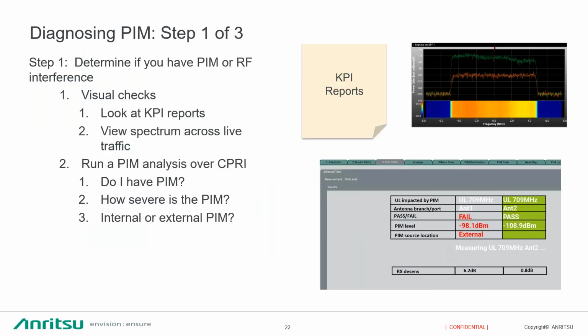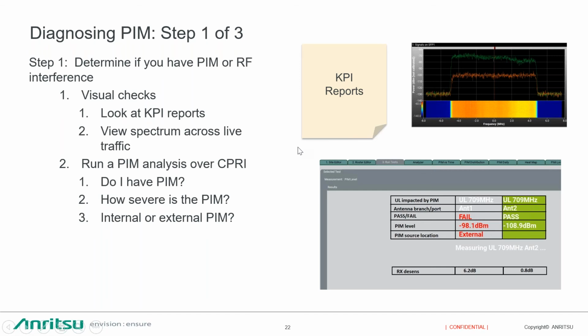When we diagnose PIM, it's just a simple 3-step process. Let me go through those steps. Step 1 is determining if you have PIM or RF interference. There are 2 sub-steps within this. I don't know of any operators in the world who don't have KPI reports that they can look at, such as PRB heat maps versus time, something that tells them that something is going amiss with their environment.